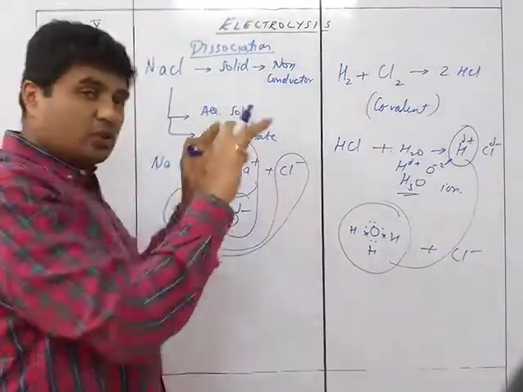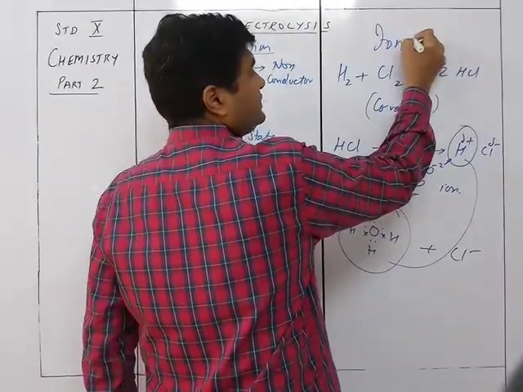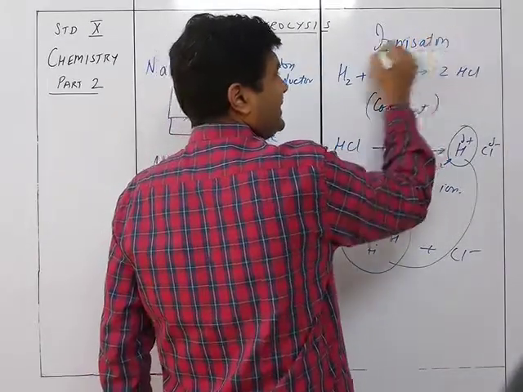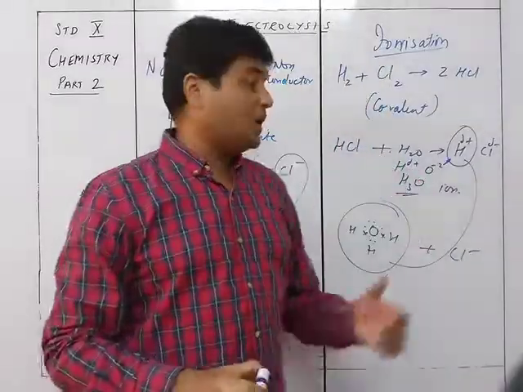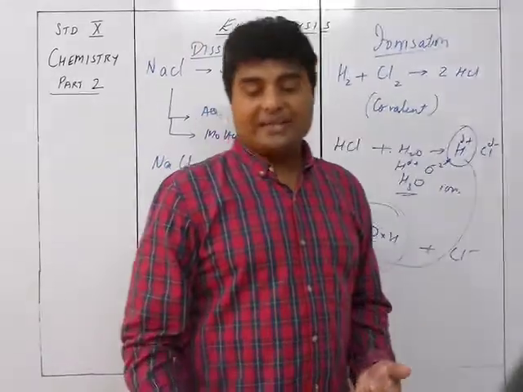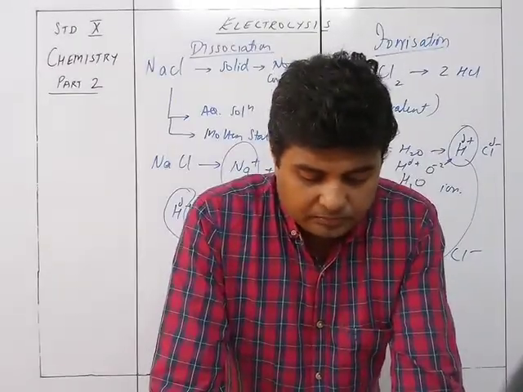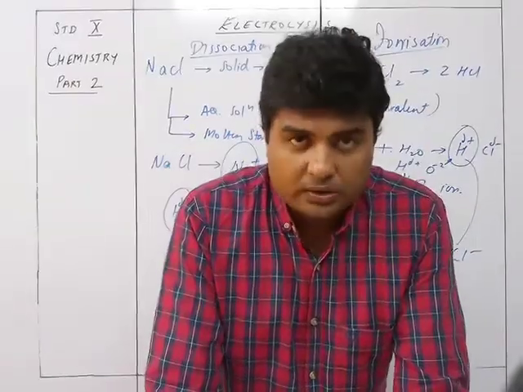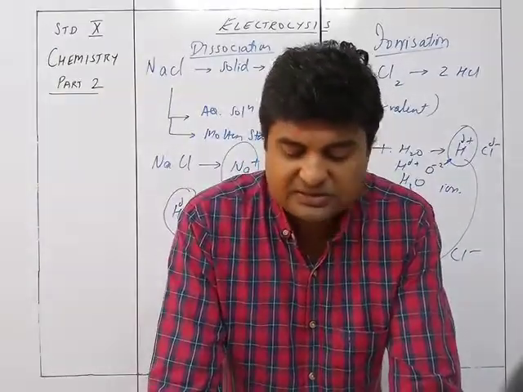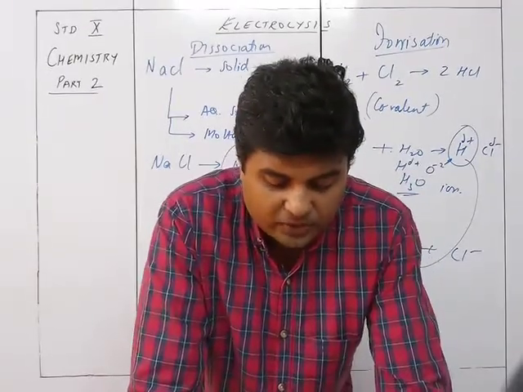That's why we are just dissociating it. Whereas ionization means something that was not in the form of ions is converted into ions. So on polar covalent HCl, when it reacts with water, it gives H3O plus and Cl minus. That is the ionization of hydrogen chloride molecules in aqueous solution.